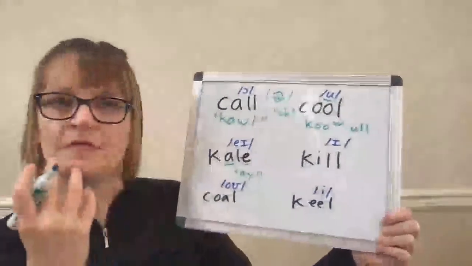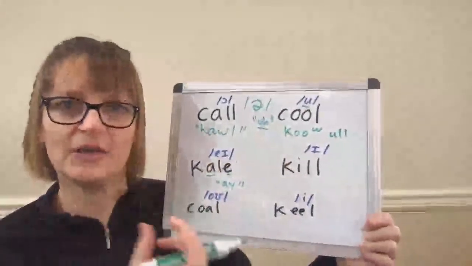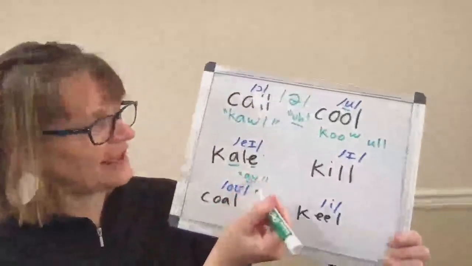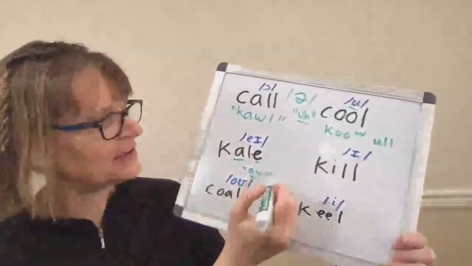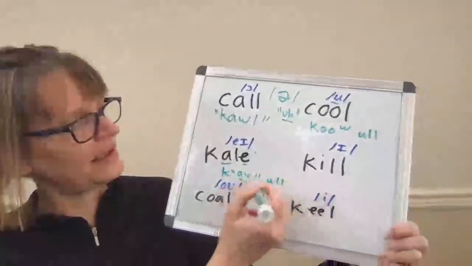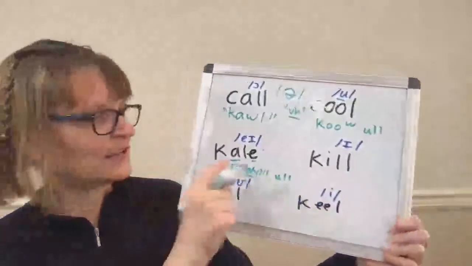And now I'm moving from the A to the sound, ale, ale. There's going to be a little bit of a glide there. So I've rewritten that A with AY because Y is what we associate with that gliding sound. And so I would write kale, ale. So you can think about this connecting those two sounds.